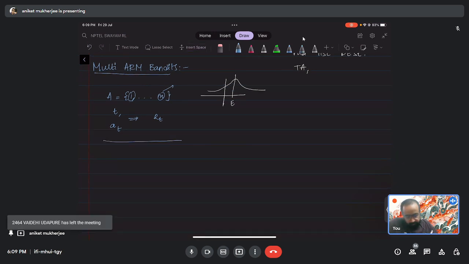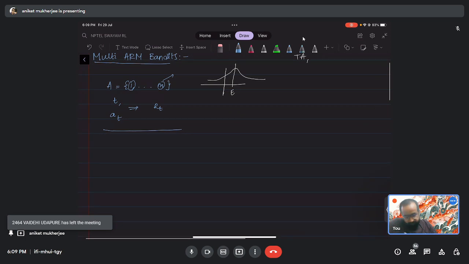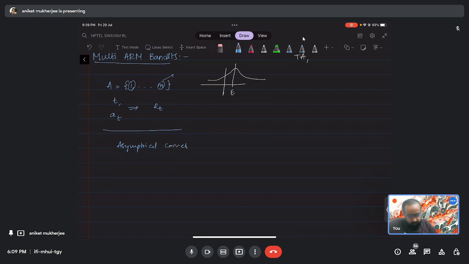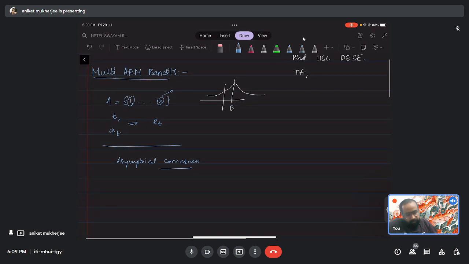So in the multi-arm bandit setting, you have asymptotic correctness. Now the setting that we are doing is that the probability distribution for each and every arm is stationary. Stationary means that the probability distribution doesn't change with respect to time.